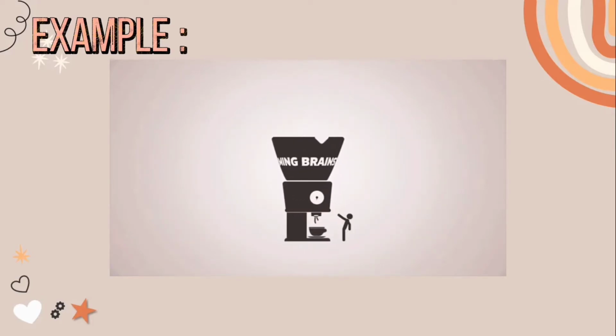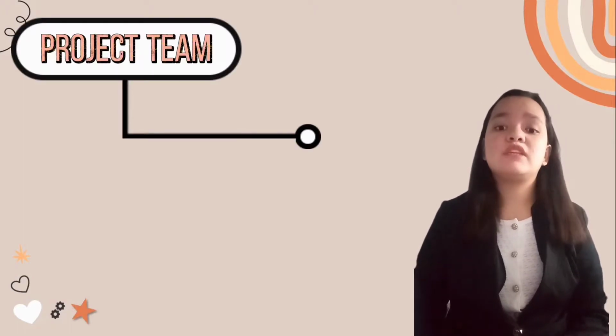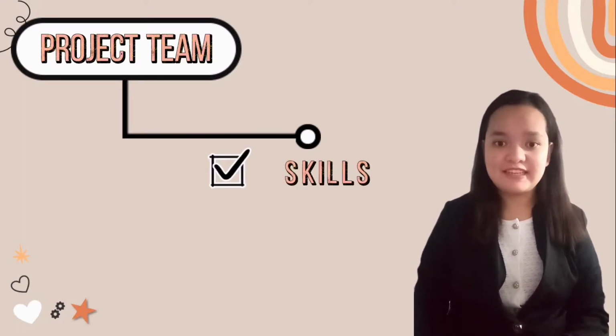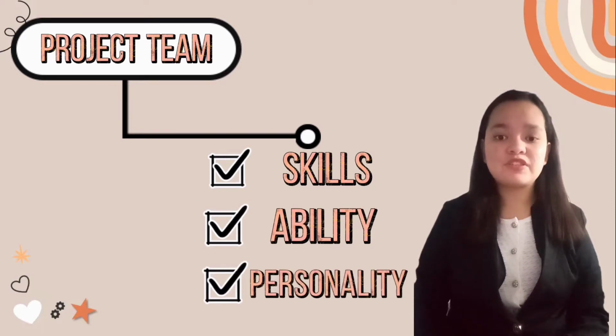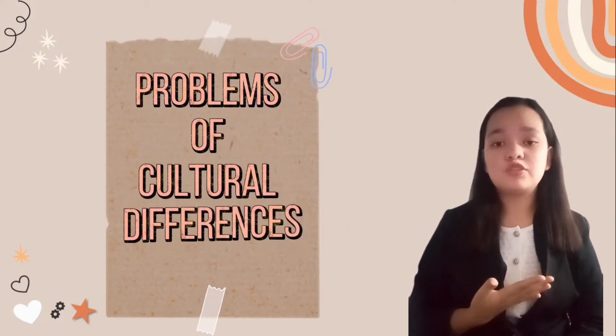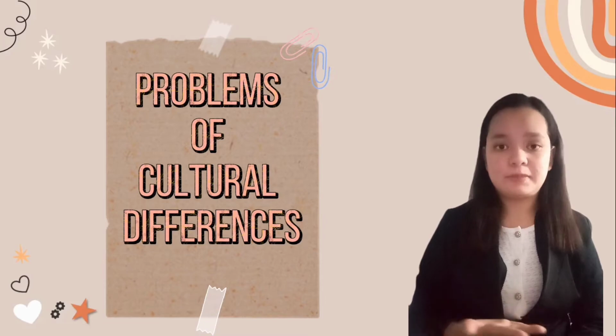We know how to work together for customers large and small. Our projects are always successful. In addition to this, a project team needs to have the right combination of skills, abilities, and personality types to achieve collaboration. So let's now proceed to the problem of cultural differences.